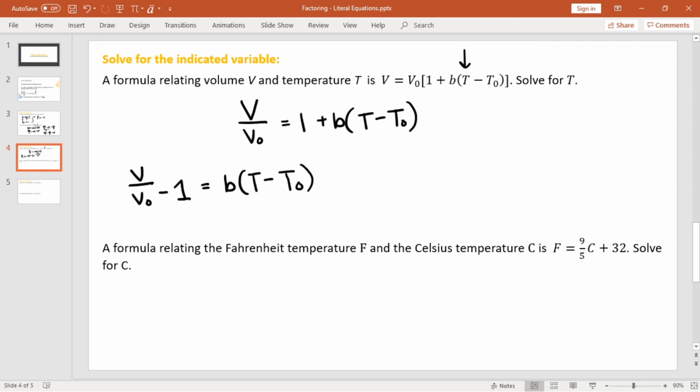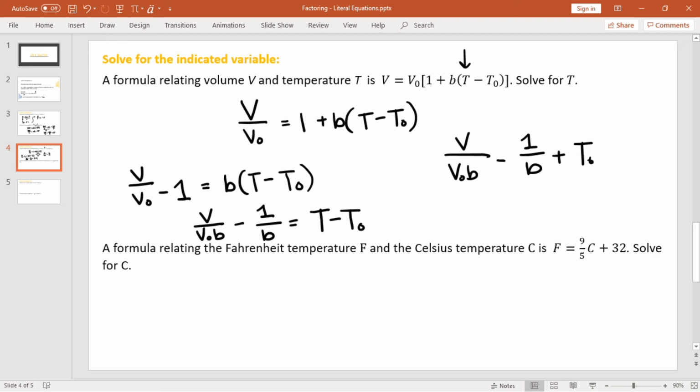So just knowing our fractions, we'll turn that into this kind of thing. And now I've still got t minus t0. And my final step is to get that t by itself: t0 equals t. Now, like I said, there are a lot of different versions of how this could look, so as long as it's equivalent, I'm happy.